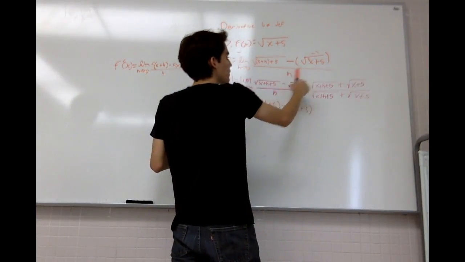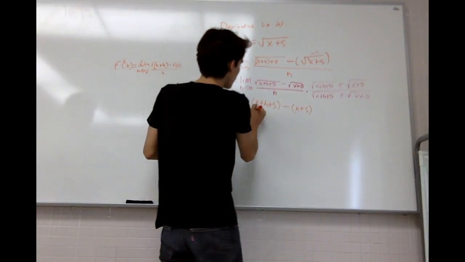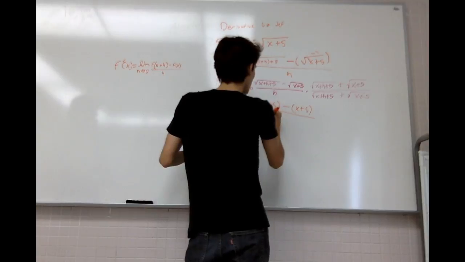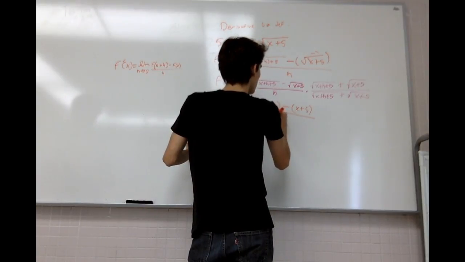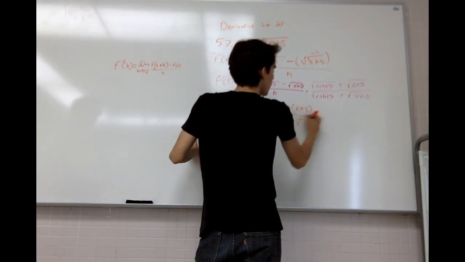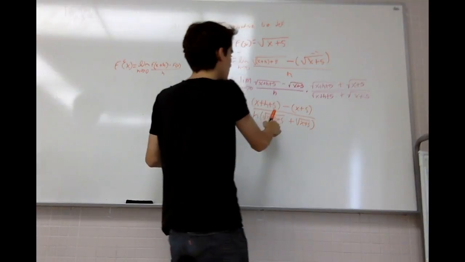Again, we cancel the square roots here. Then in our denominator, it's going to be h times the square root of x plus h plus 5 plus the square root of x plus 5. We'll bring it over as it is.